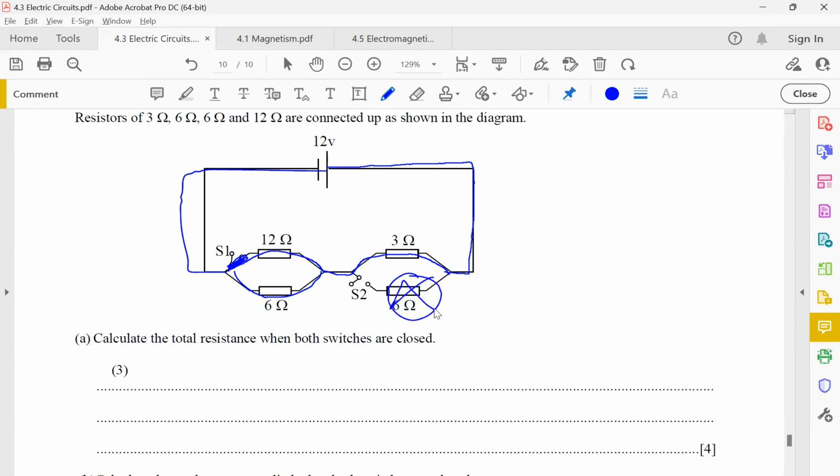This thing is effectively not there anymore because no current is flowing through it. Just now we found that this is 4 ohms. Right now, how much is the total resistance? It's 7 ohms. If switch S2 is open, once again showing you that if you connect everything in parallel, it actually has a lower resistance, because just now when everything was connected it was 6 ohms, and right now with one thing not connected, it's 7 ohms. It means it has increased.